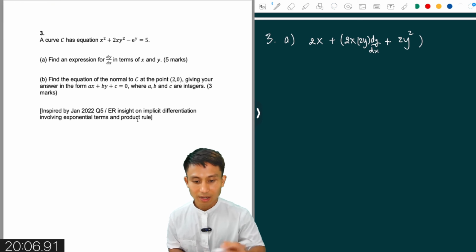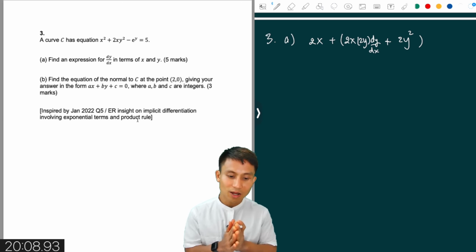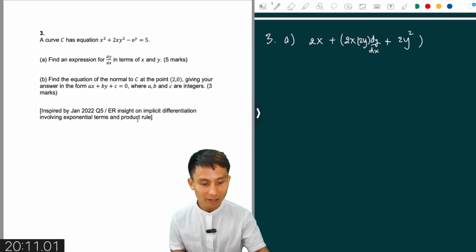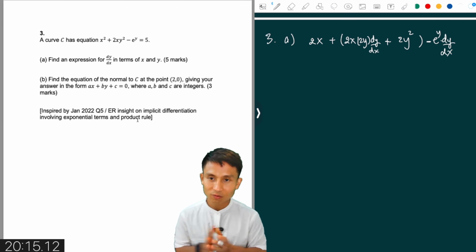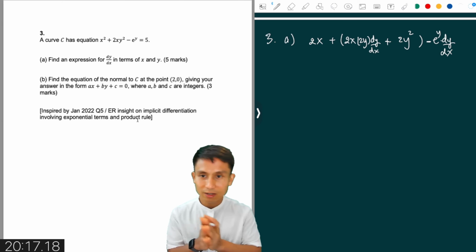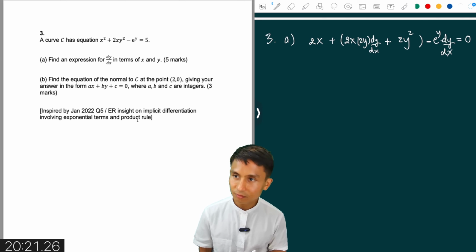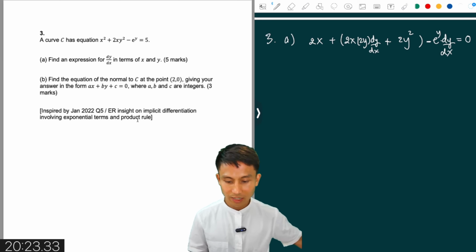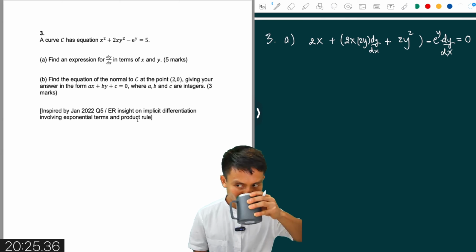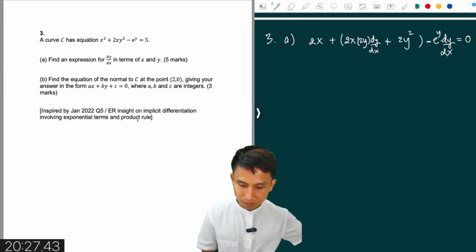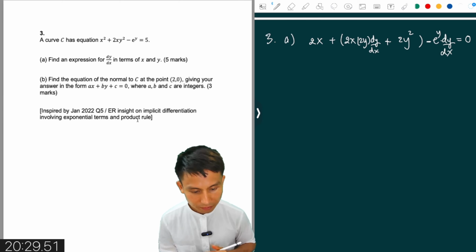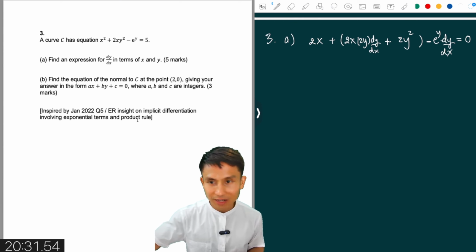Now differentiating e to the y is just e to the y, but we need to do the chain rule. If it's a y, then we multiply by dy by dx. Differentiating 5 on the right hand side becomes 0. Okay, that's everything. So we need to simplify this whole lot.